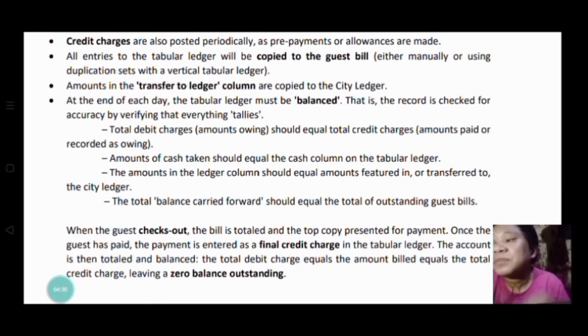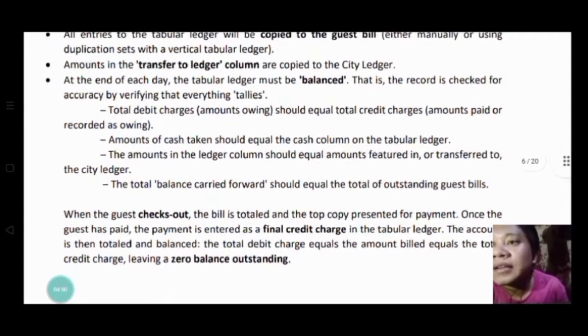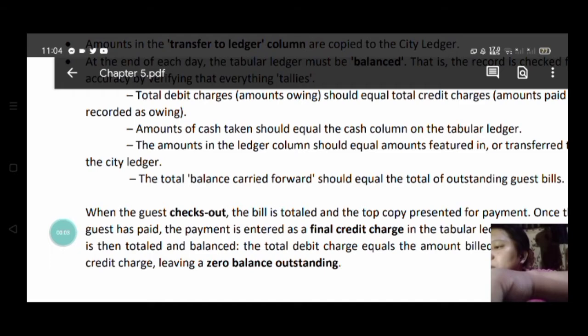From the word itself, ledger, it is notes or a receipt. The tabular ledger records what is payable by non-guests. Then the amounts in the transfer to ledger column are copied to the city ledger.